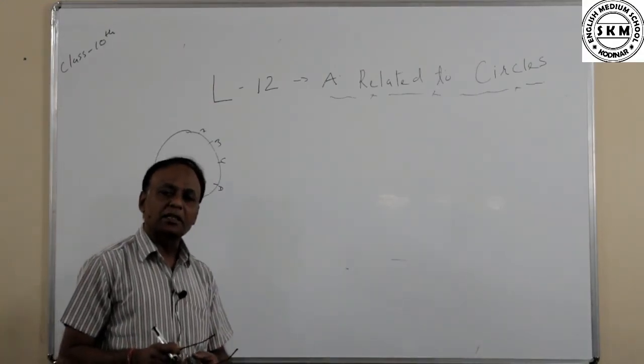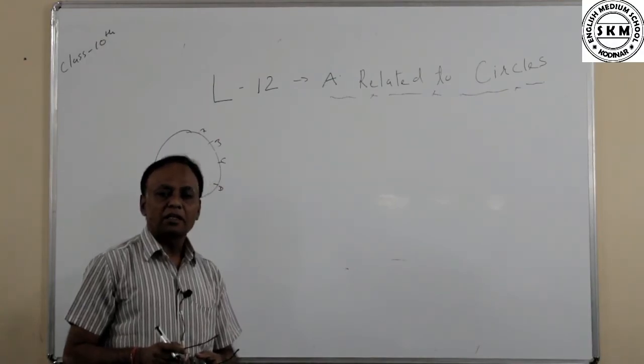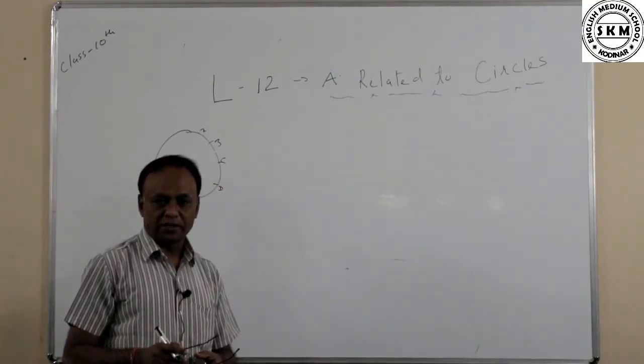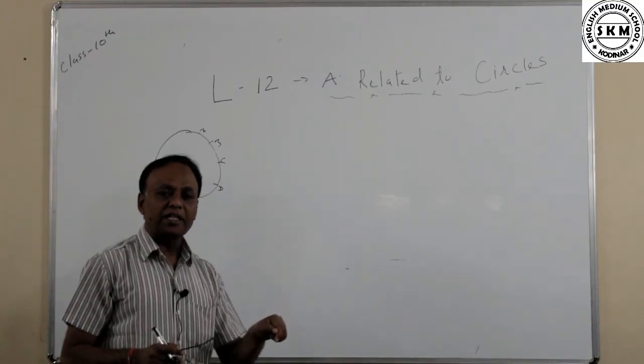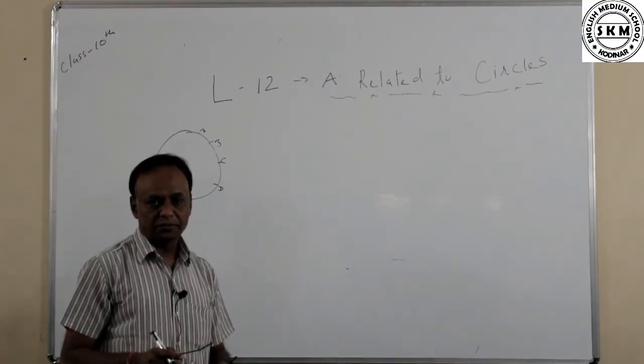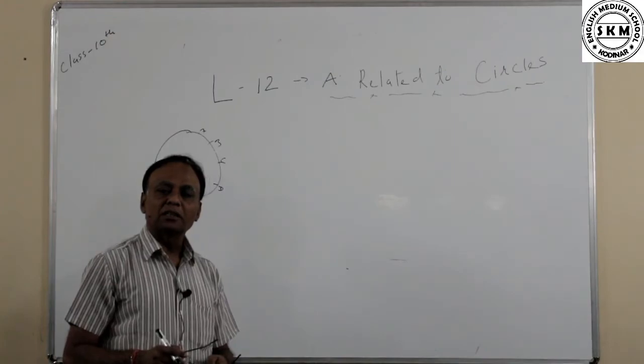Again I repeat the definition: a set of points which are equidistant from the fixed point is called the circle.